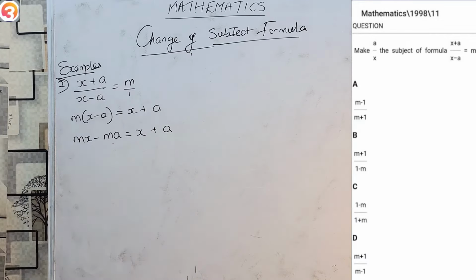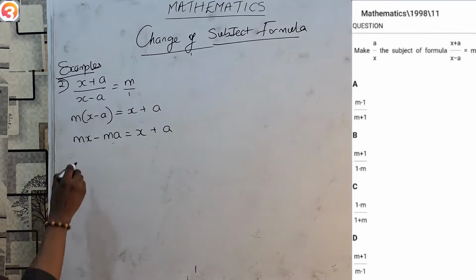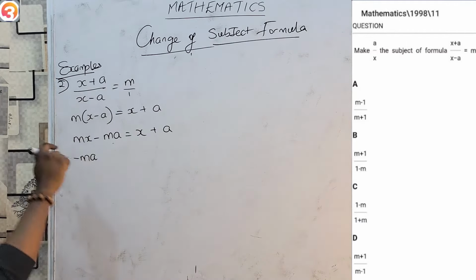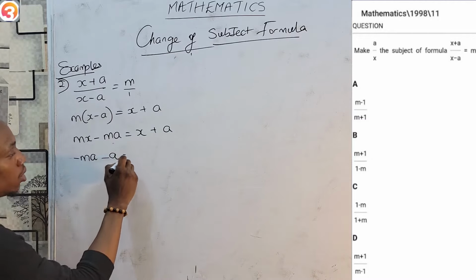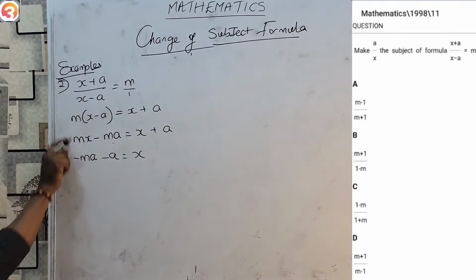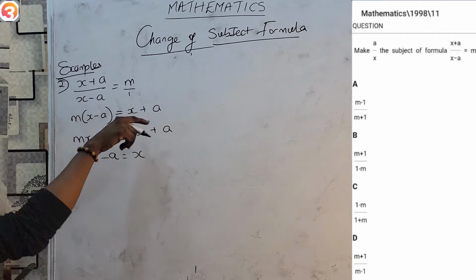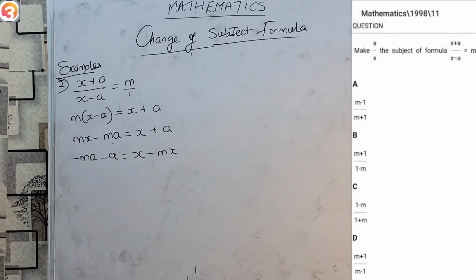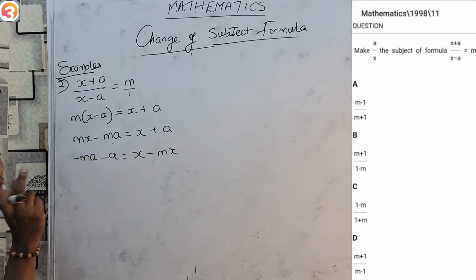This a has to come over here, I will have minus ma. This a comes to the left, minus a equals x. Then this mx cannot remain here either. It has to move. So plus mx goes there and becomes minus mx.